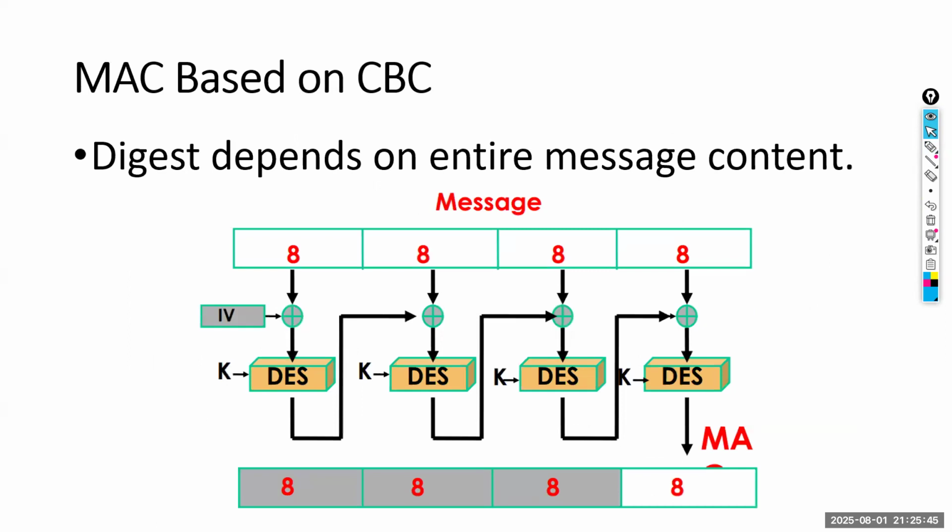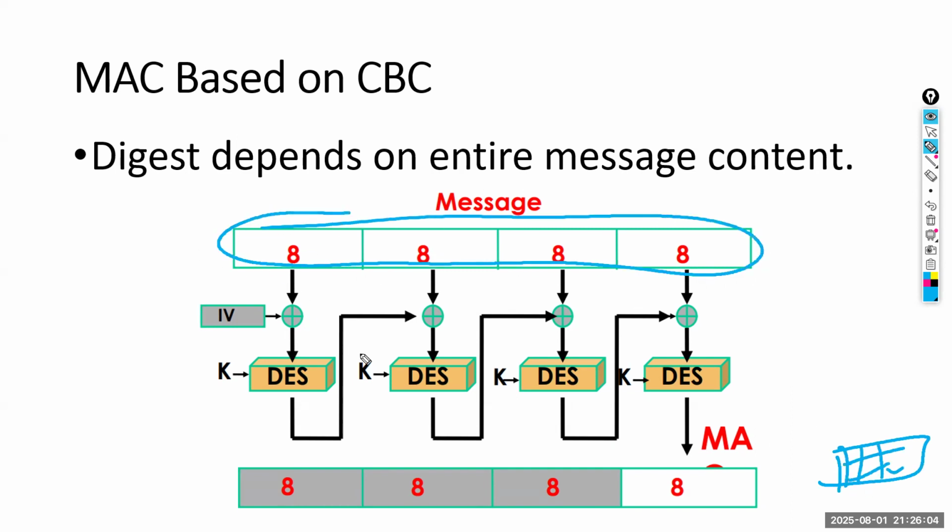Right. So CBC can be used for hashing also. Remember hashing we did last class? So in hashing, what you need is not encryption. You need some hash value which represents your entire plain text. So this is a very good thing.